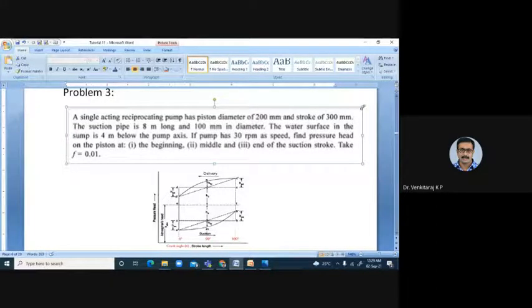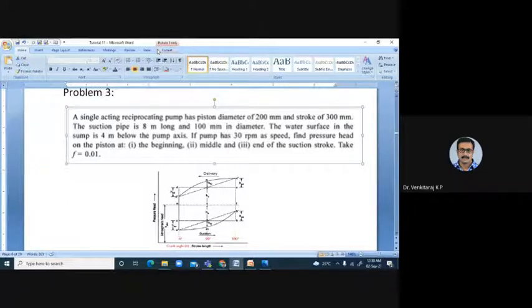So in this question, we are given the piston diameter, stroke length, length of the suction pipe, diameter of the suction pipe, the suction head value, and the pump speed, and we are asked to determine the total pressure head at the beginning, middle, and end of the suction stroke.